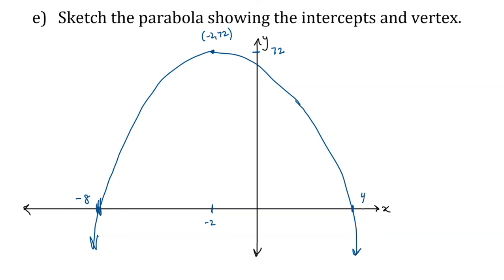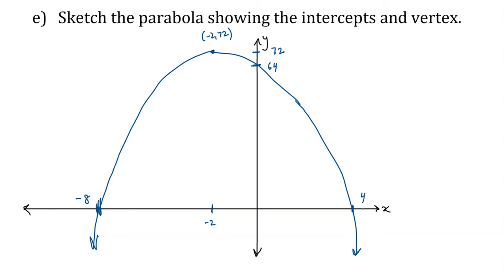And I always draw my parabola and then mark the y-intercept at the end, because if you try to mark the y-intercept first, you're going to force it and it's going to look weird. And our y-intercept in this case was 64, so I draw a little line and I label it as 64. So notice that I've labeled both x-intercepts, -8, +4.